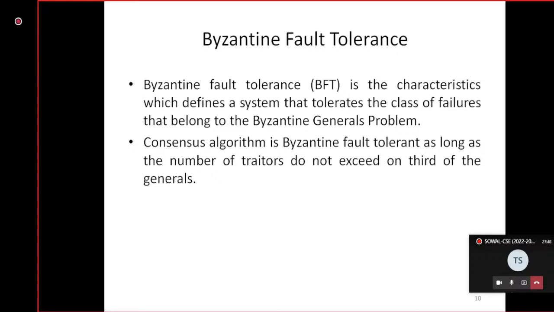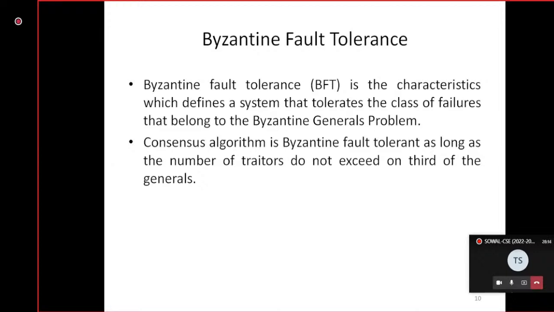BFT is the characteristic which defines a system that tolerates the class of failures that belong to the Byzantine general problem. And a consensus algorithm is Byzantine fault tolerant as long as the number of traitors does not exceed one third of the generals. The thing is that it is computing the majority of the vote.